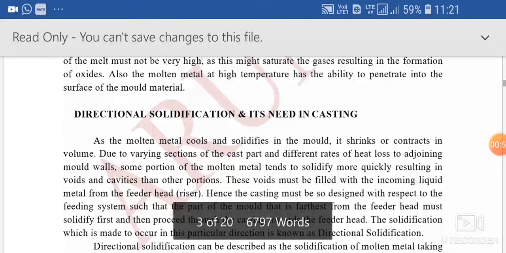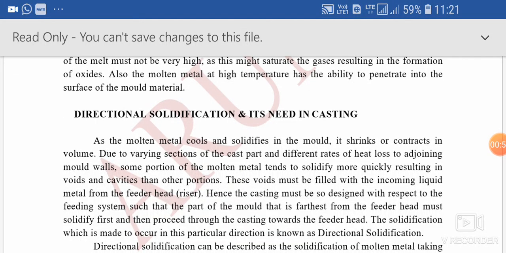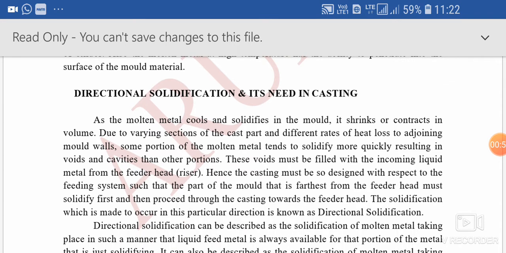These voids must be filled with incoming liquid metal from the feeder or riser.